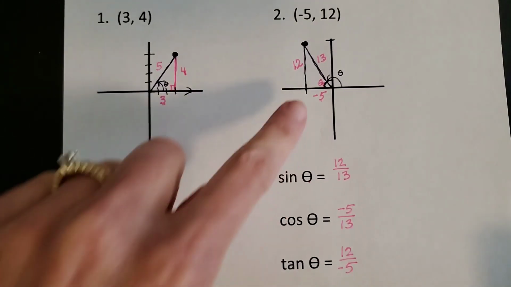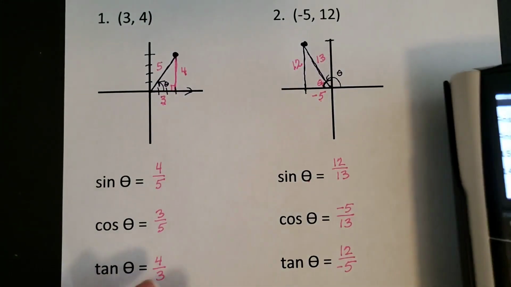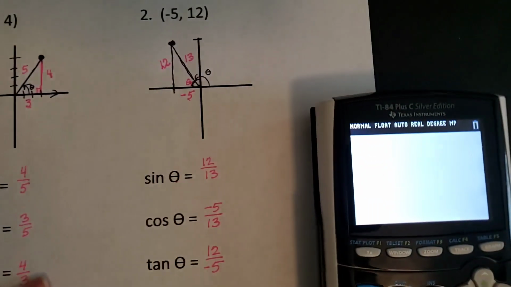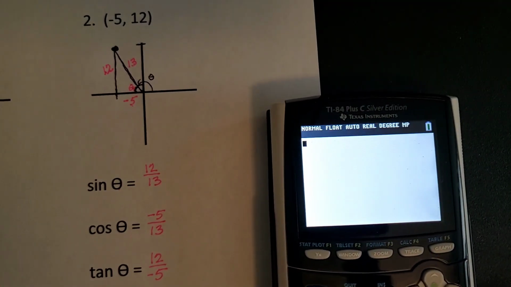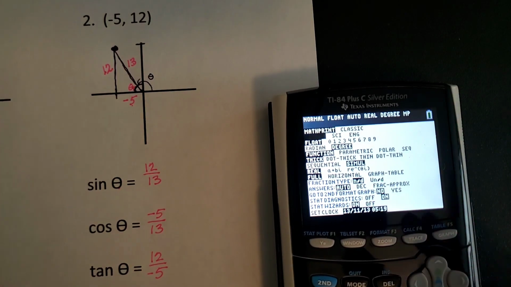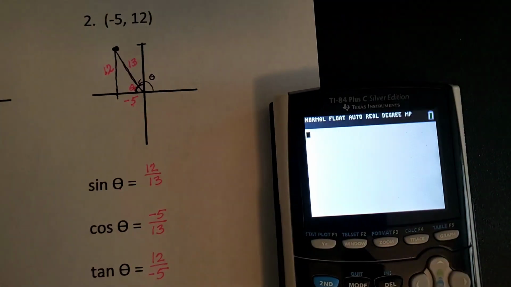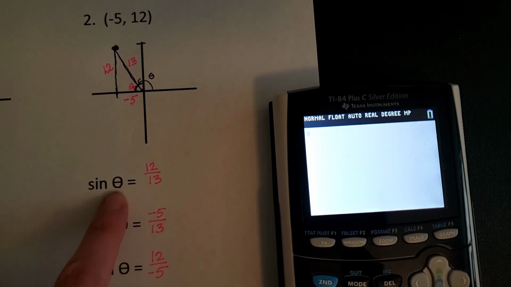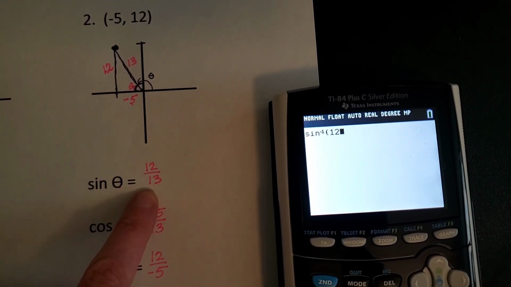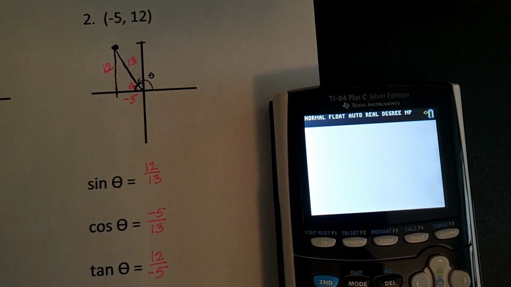Now, I want us to actually find that angle theta. When we go to do that, first thing we want to do is make sure we're in the correct mode. Make sure you're in degree mode. Now watch what happens. If I solve this for theta, I'm going to do the inverse sine of 12/13. I'm undoing the sine function with that inverse.